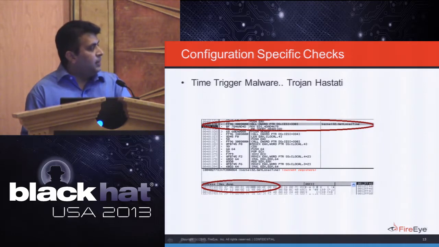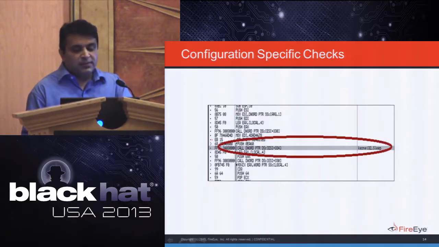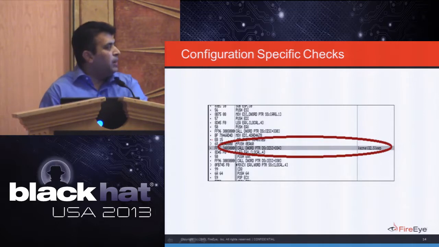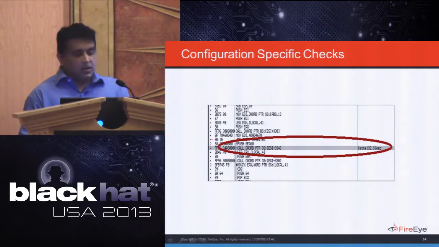If the current time is less than the detonation time, then the sample makes a call to the sleep function with a 60 second timeout. It then again checks if the current time is equivalent to the detonation time. The moment the current time becomes equivalent to the detonation time, the sample will execute.